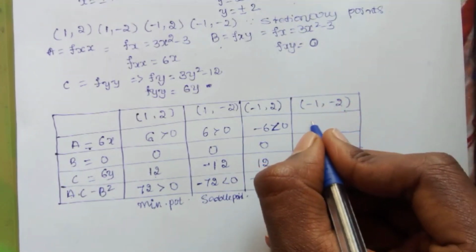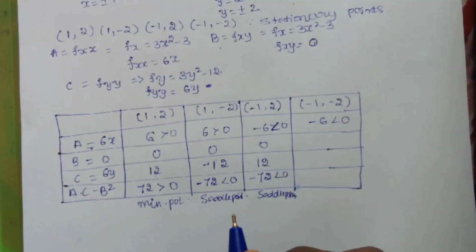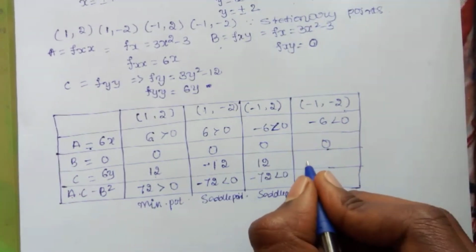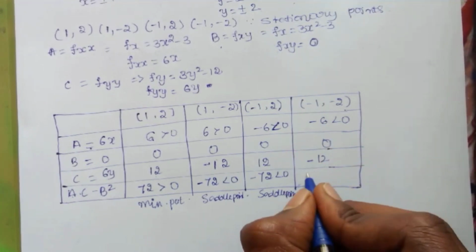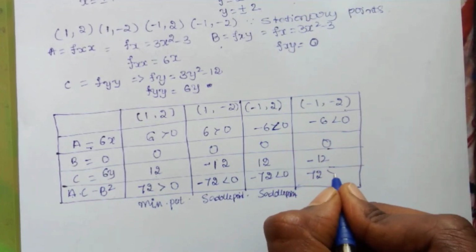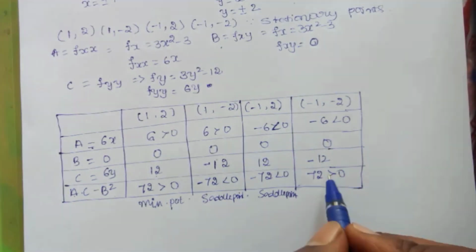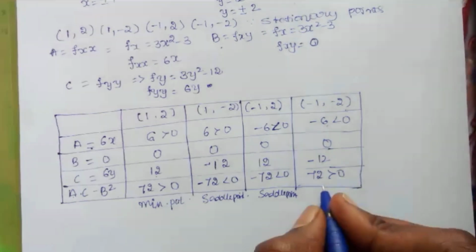We get 6 times minus 1, which is minus 6, which is less than 0. Then b is equal to 0, c is equal to 6y, we get minus 12. Minus into minus plus, 6 twelves are 72. 72 is greater than 0.